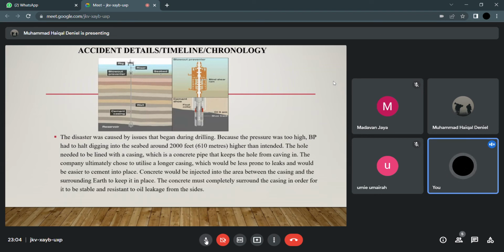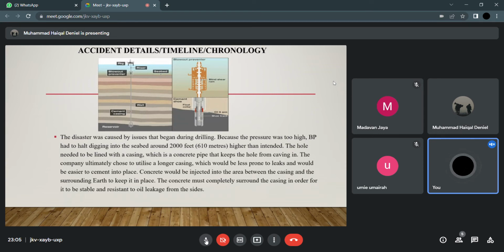The hole needed to be lined with a casing, which is a concentric pipe that keeps the hole from caving in. The company ultimately chose to utilize a longer casing, which would be less prone to leaks and would be easier to cement into place.